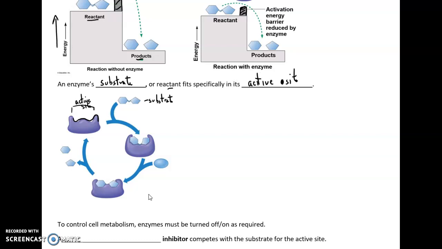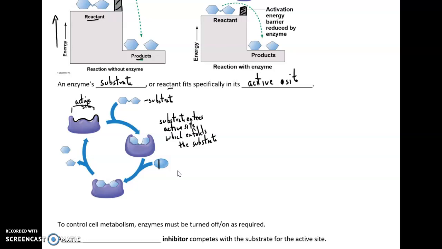The substrate comes and enters the active site, and as it does, it bends the molecule slightly. This can be thought of as a lock and key. Key enters, the enzyme, as the substrate enters, the enzyme kind of grabs it.